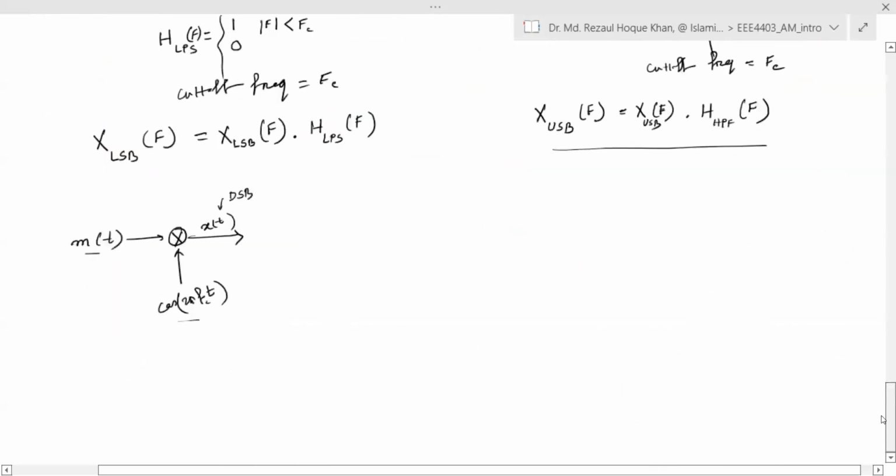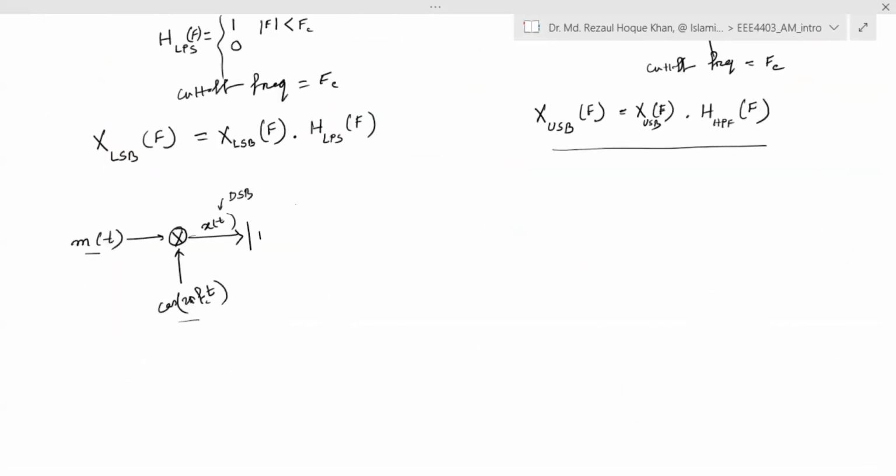You have to pass it through a filter. If you pass it through a low pass filter, then you get the X of LSB.